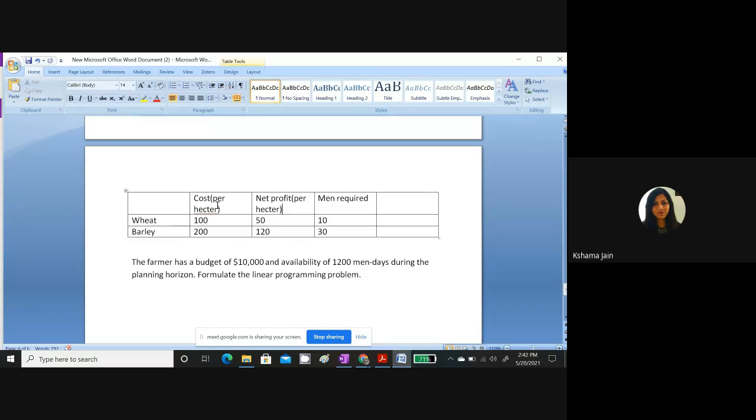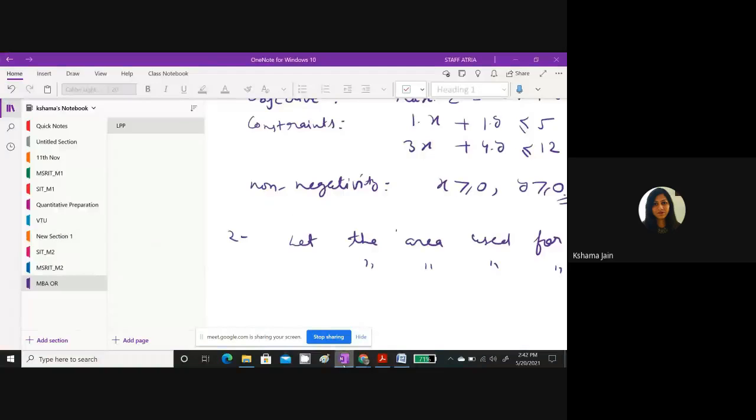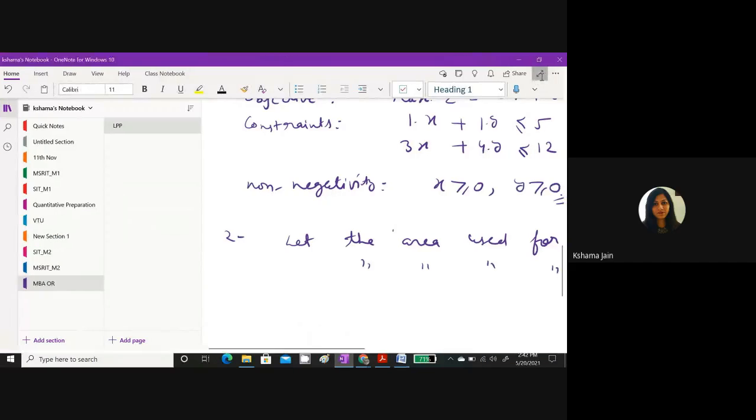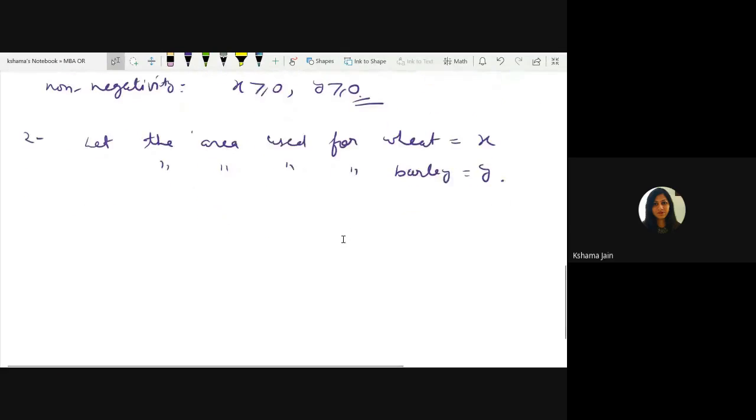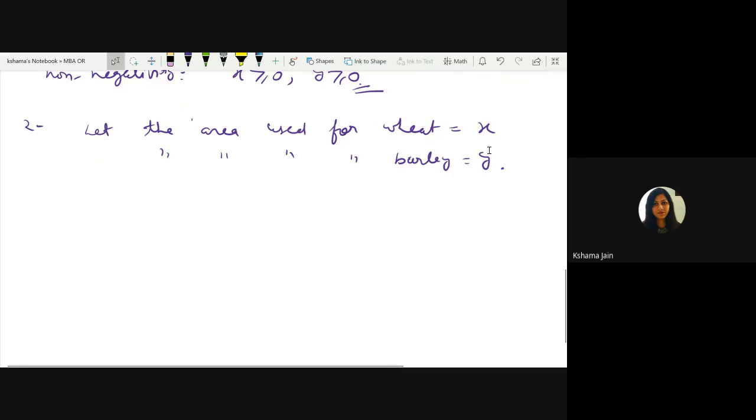Same in cropping, in agriculture, the crop production is done per hectare, according to the area. We have assumed that for wheat the area required is X, and the area required for barley is Y, then we'll start our objective first.